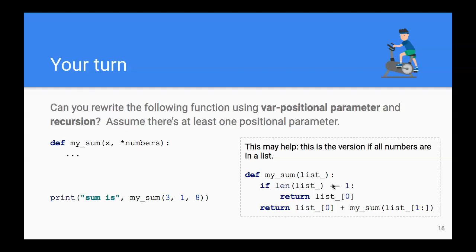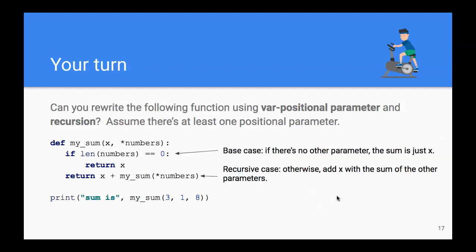All right, so hopefully you figured it out, and here is the answer. So basically, recursion, right? We always need to know what the base case is and the recursive case. So the base case is if there is no other parameter, if this numbers tuple is empty. So if the length of it is 0, then the sum of that is just x itself, right? There's only one number.